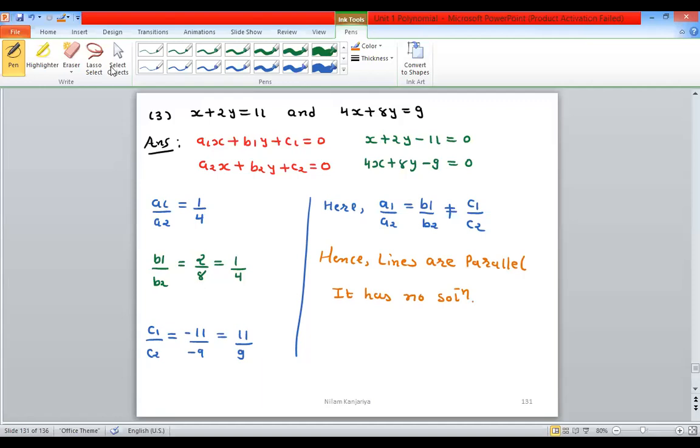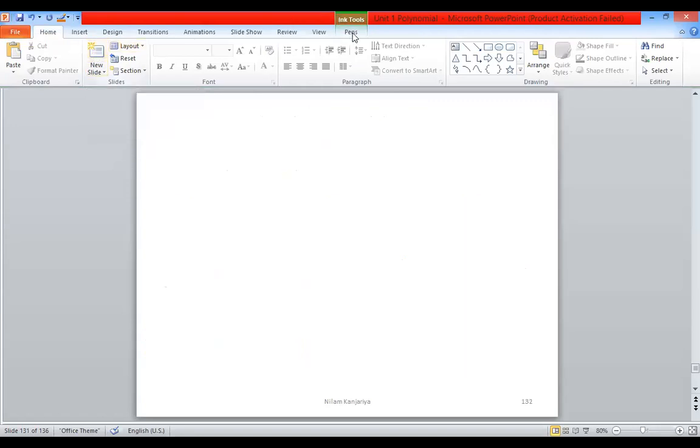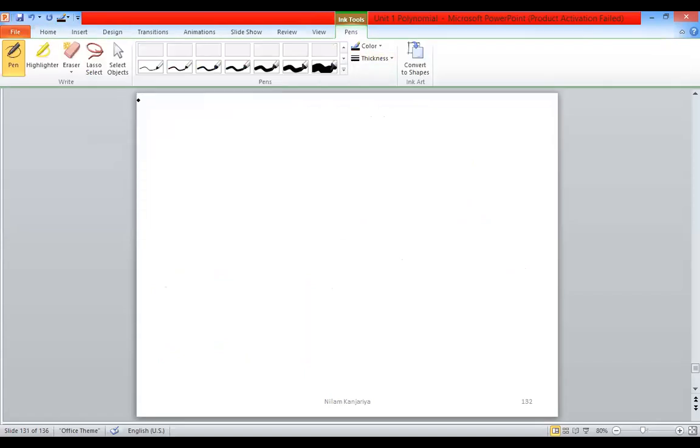Okay. So all things are on your screen. If you need any condition, then tell me. First of all, you write the question. The first question: you identify whether the lines are parallel, coincident, or intersecting.